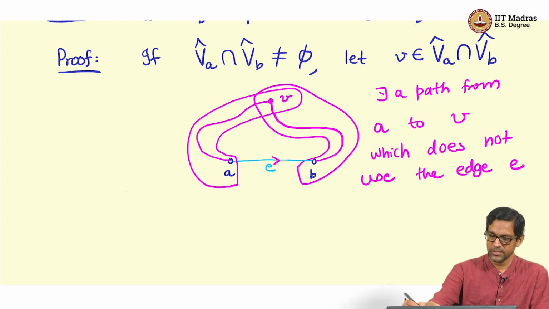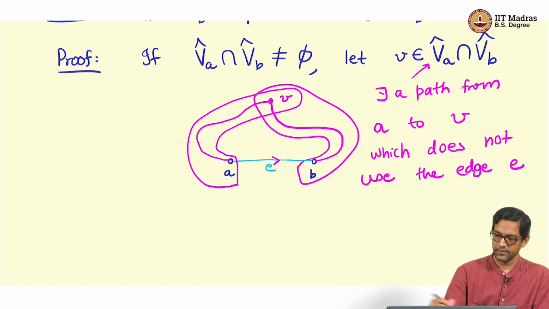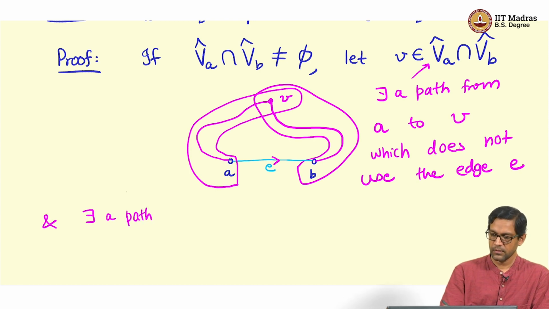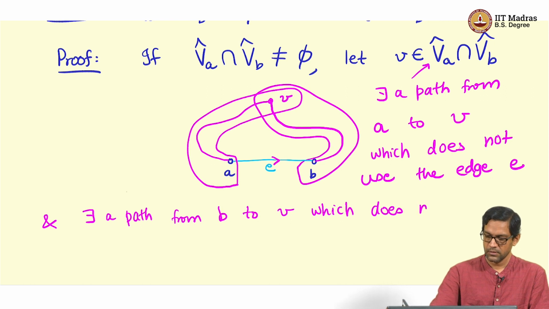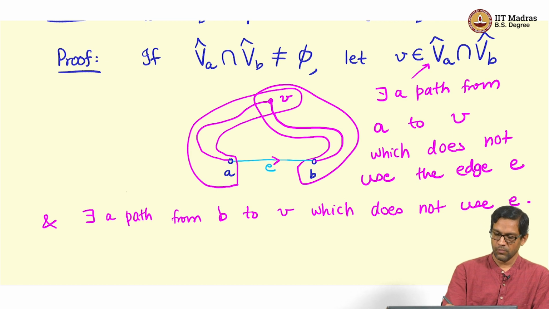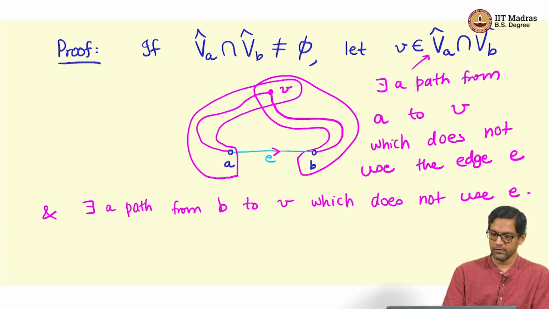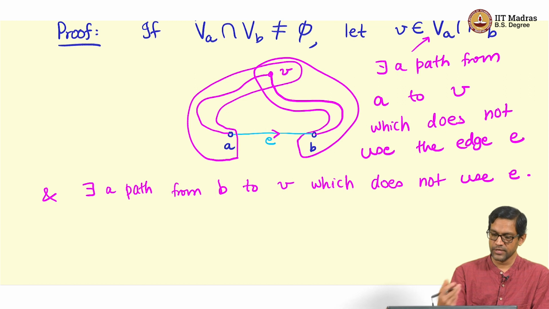Okay, that is because V belongs to VA hat. Similarly, V belongs to VB hat. So, we conclude likewise that there exists a path from B to V which does not use the edge E. Now, what we will do is, to this path we will just adjoin, we will attach the edge E to this path.